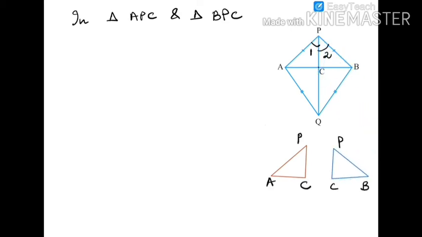In these two triangles, we have already proved angle 1 is equal to angle 2, and we have AP equal to PB, and also PC will be equal to PC as it is a shared side. Now, are these two triangles congruent? Yes. By which criteria? Side, angle, side.